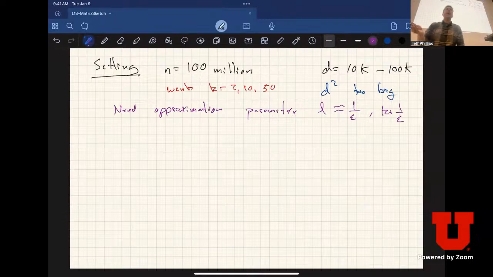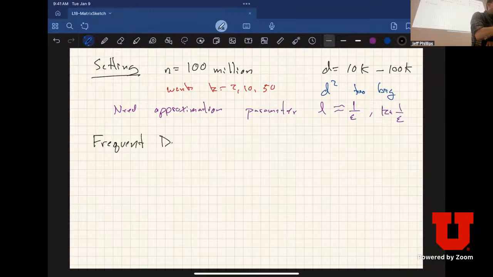I'll tell you the algorithm, then I'll tell you the guarantees you can get with this algorithm. This is an algorithm that's called frequent directions.